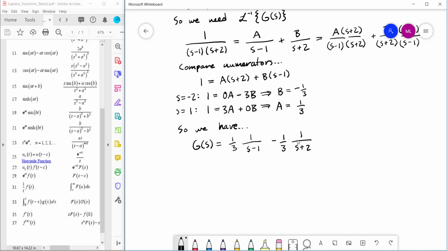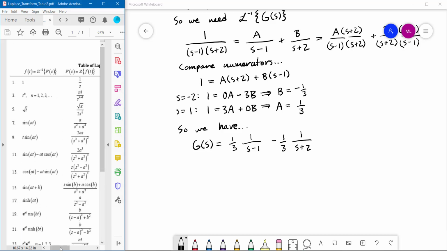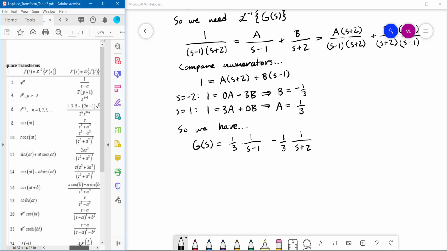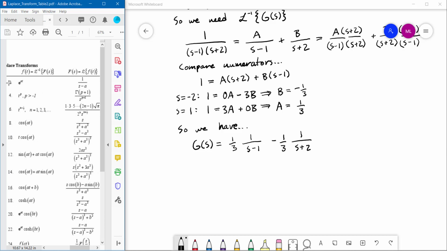And this is now ready to inverse transform because these two pieces, after we factor that constant out, look exactly like the expression that shows up in our second Laplace transform in this table over here, right? So 1 over s minus a. In this case, a is equal to 1. In this case, a is equal to -2.